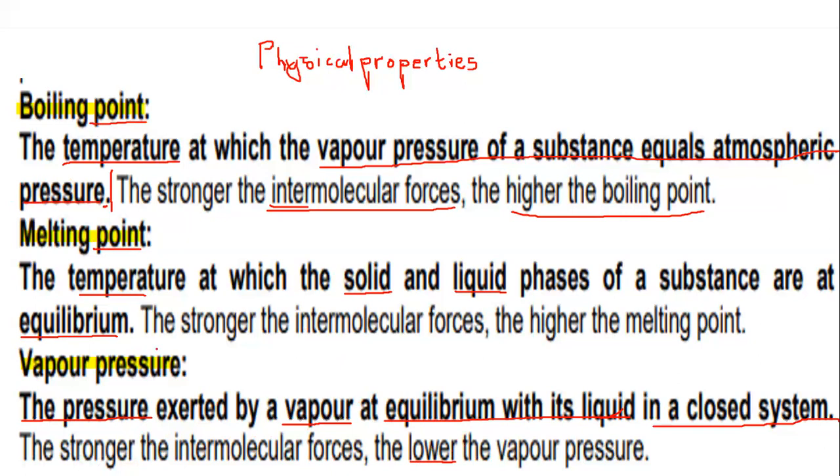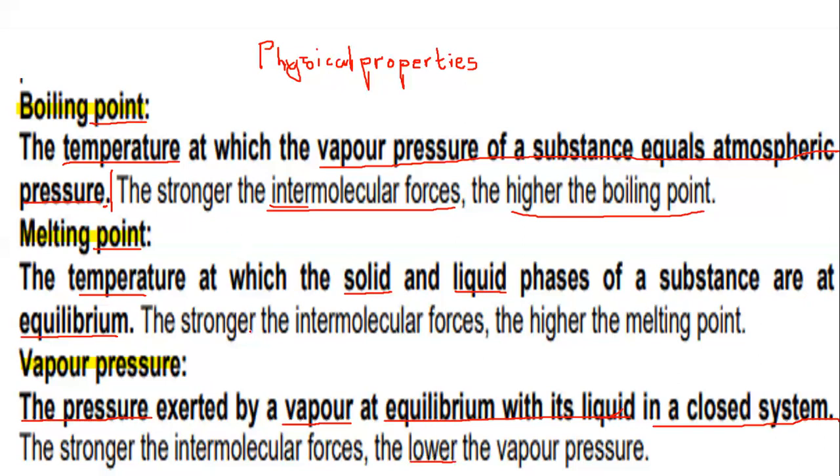Just to revert back to the boiling point again, my dear learners, we can see that when the intermolecular forces are stronger, the boiling point is high. Now, I want us to compare the relationship between boiling point and vapor pressure and the strength of intermolecular forces. If the boiling point is high, then the intermolecular forces are strong. If the vapor pressure is low, then the intermolecular forces are strong.